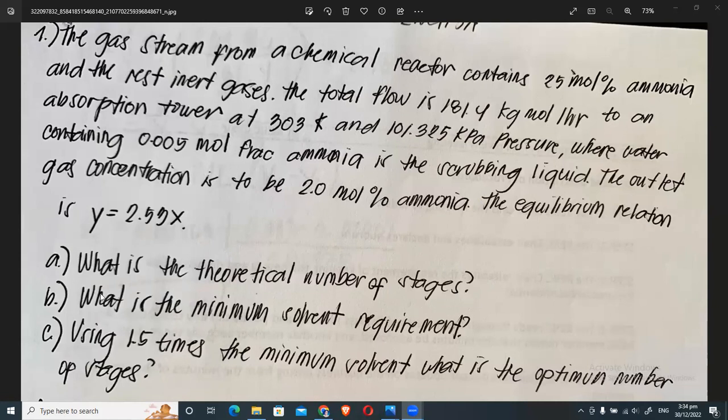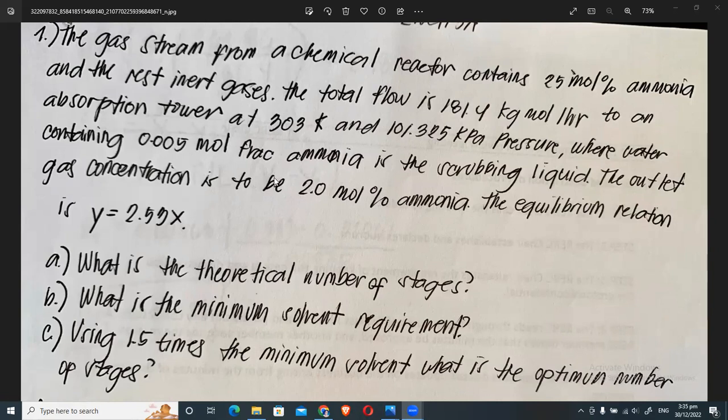You cannot answer because I did not provide you with the amount of the solvent that was used, the original amount, or the process amount of the solvent that is given in the problem. Knowing that this was copied from the chapter end problem, the given flow rate of the solvent was not given. If you study on any books on gas absorption, you need these two information. You need the gas amount, whatever is the processed amount of gas, and what is the amount of the solvent that was used.